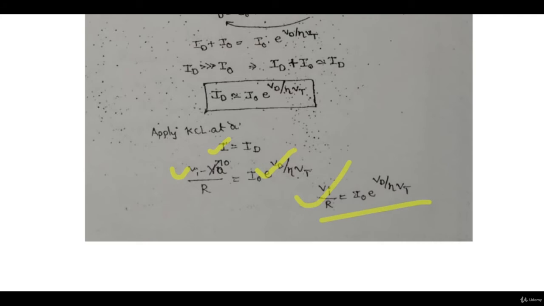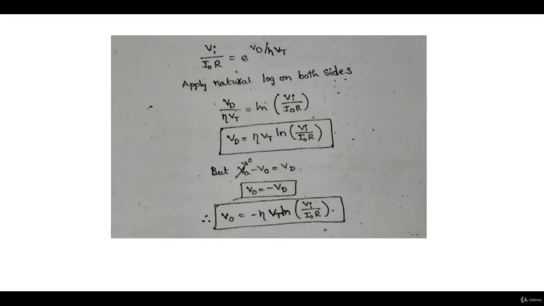Now you will calculate the value of V naught. So you can take logarithm on both the sides here. You can see Vi divided by I naught R is e to the power Vd divided by eta Vt. Take logarithm, so ln of Vi divided by I naught R is equal to Vd divided by eta Vt.